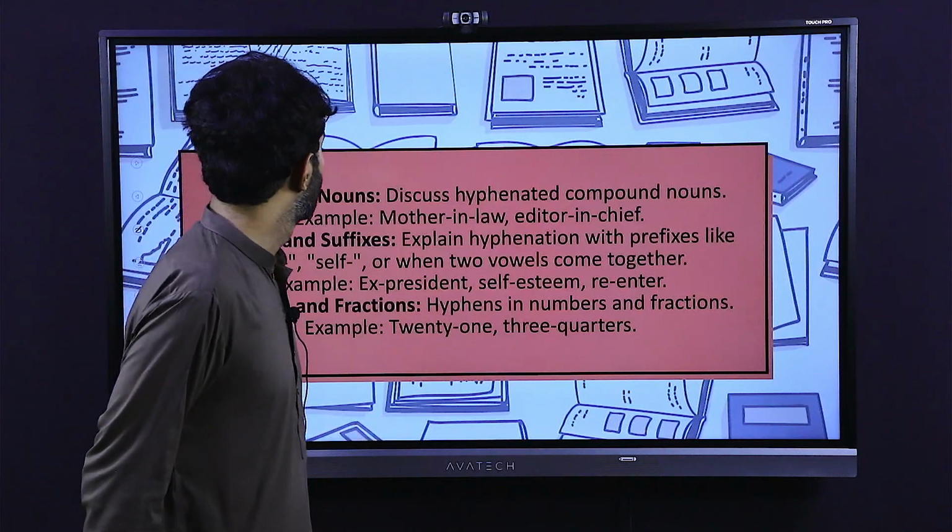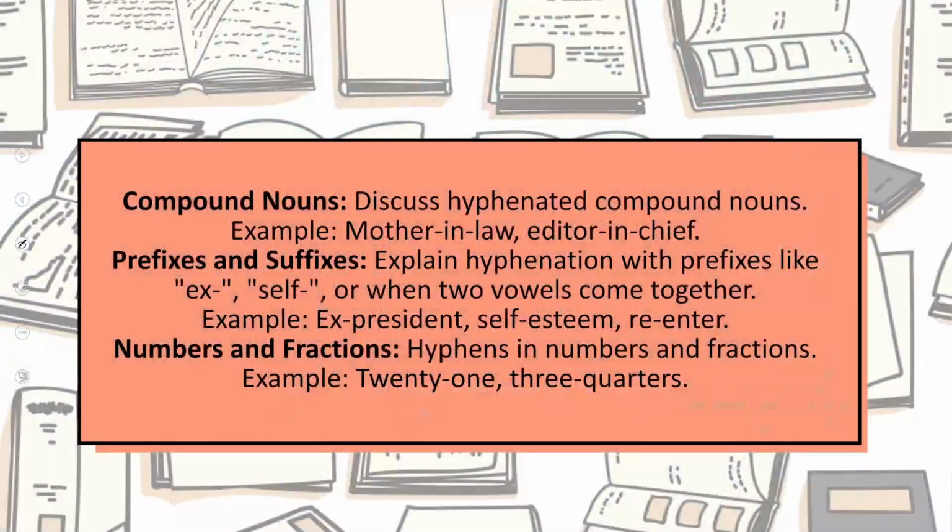Now, we also use the hyphen punctuation mark for compound nouns, when we have more than one noun, but it is serving as one noun. So that's why we call them compound nouns. Let's discuss hyphenated compound nouns. An example is mother-in-law. Now this is a noun, but it is made up of different words. Law is also our noun.